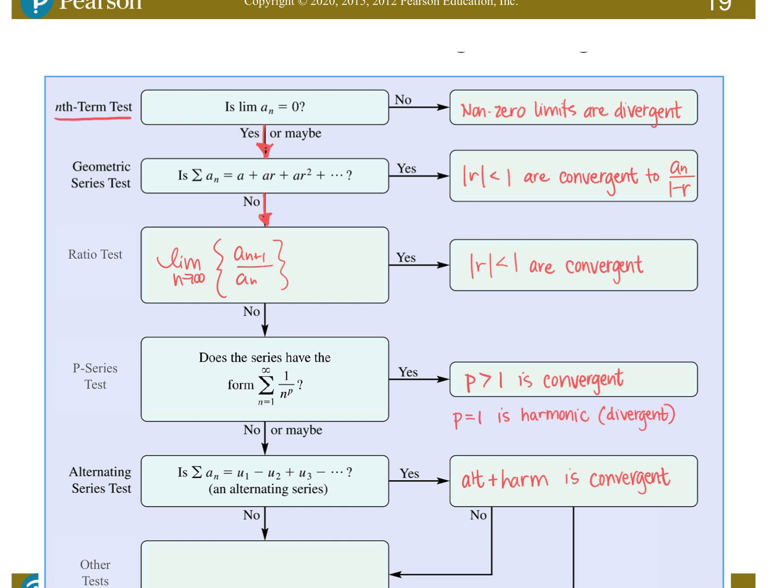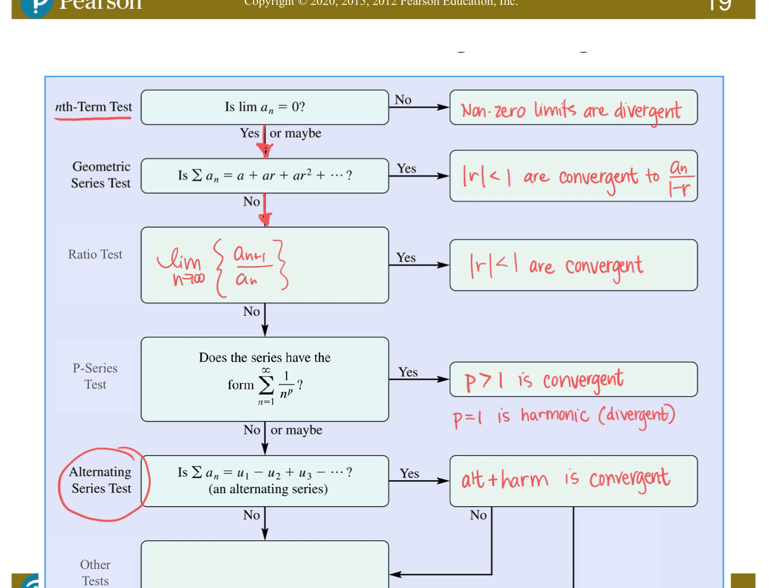Please remember to keep in mind which conditions apply to all of these. Many of them have positive requirements, with the exception of alternating. Alternating needs to make sure that every other term is changing sign. These need to decrease, but by the time we get down to the alternating series, it has to not only decrease, but decrease specifically to 0.